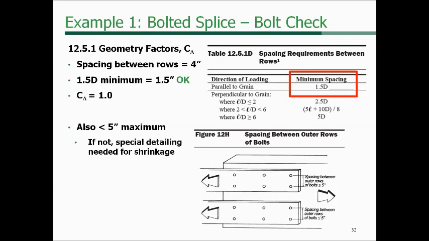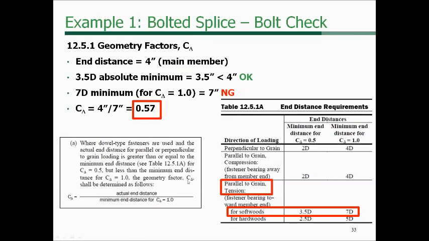So there are reduction factors for when you have higher moisture content. We looked at that earlier. That's the wet service factor. But there's also detailing that goes into keeping certain details from causing problems in the fastener. So in this case, we don't take a wet service reduction, but we are going to limit the dimension between those outer rows to 5 inches. And we're okay there too, because we're at 4 inches.